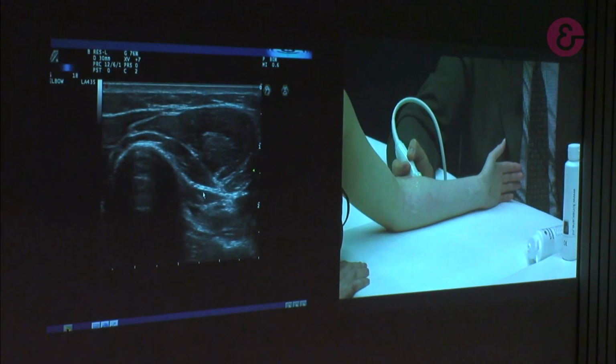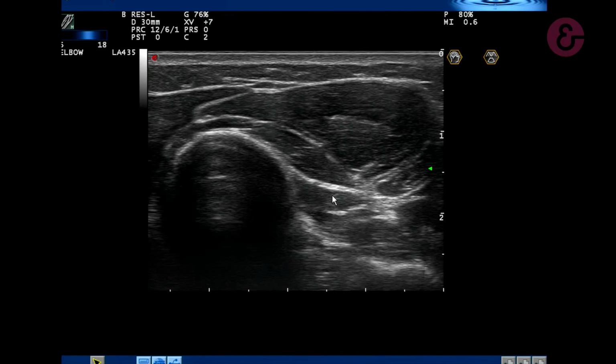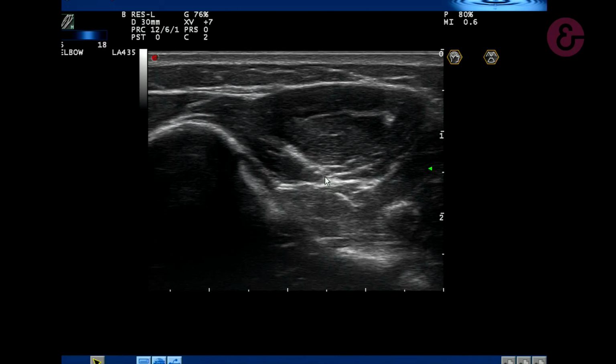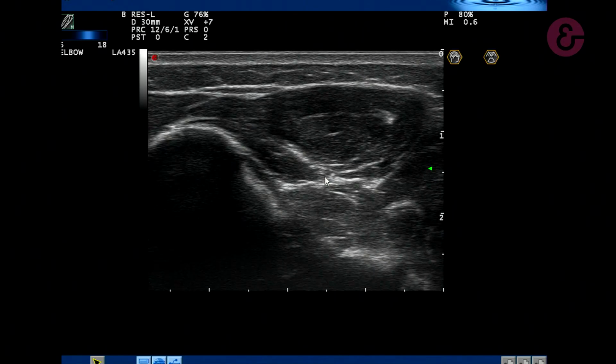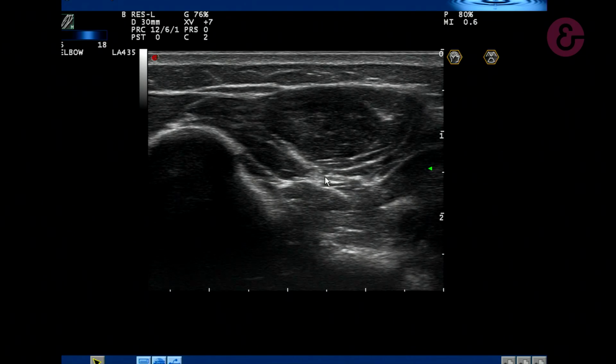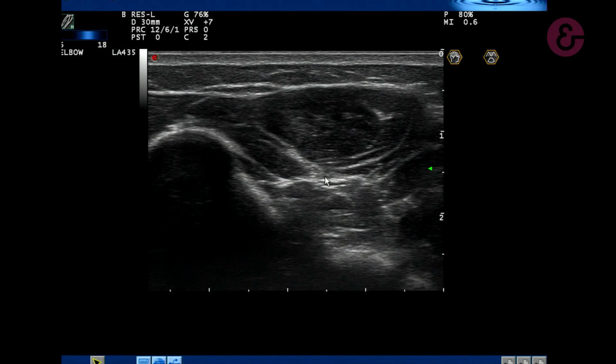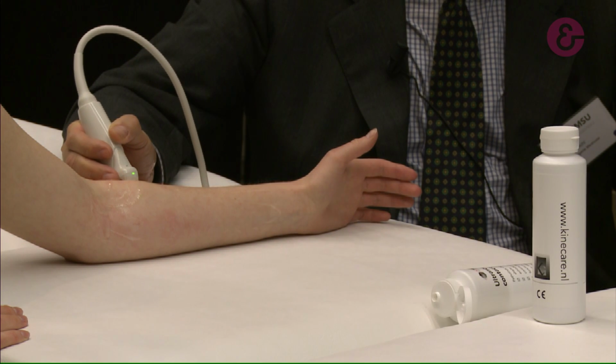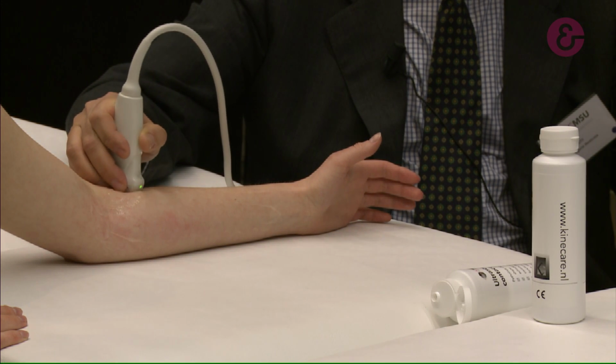You can see the small nerve going out the supinator muscle. And you can follow the nerve just to the muscle, the extensor muscle. So a motor nerve.